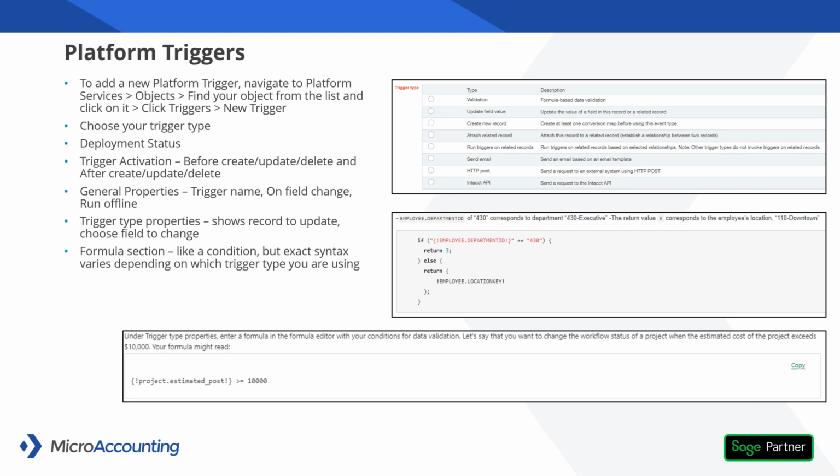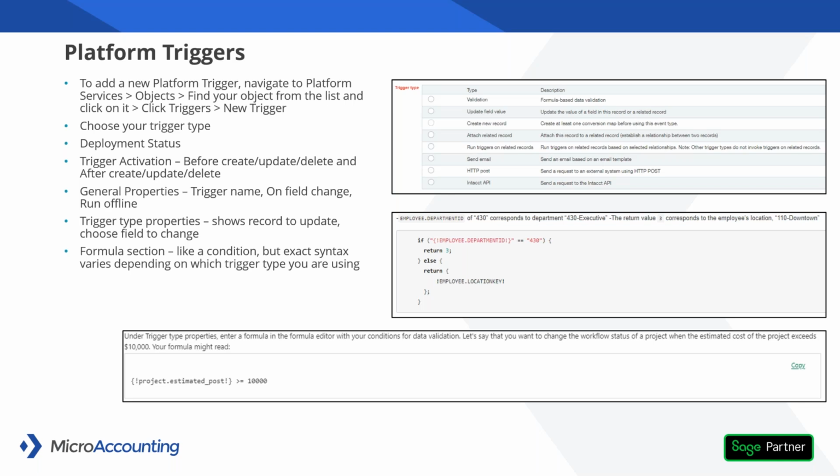So for example, if I was trying to do an update field trigger, I can only choose either before create or before update. I can't do after create or after update. All that's saying is you either want the trigger to be activated before the record is created, updated, or deleted, or after it is officially created, updated, or deleted.